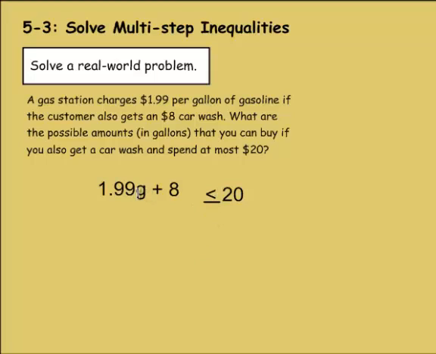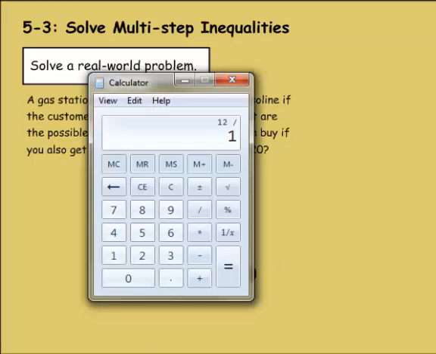So what's our range of gallons that we can get which would be less than $20? We can subtract the 8 from both sides here, and that'll leave us with 1.99G is less than or equal to 12 now. And then we could divide both sides by 1.99. 12 divided by 1.99 is 6.03, and I'm going to round to the nearest hundredth here.